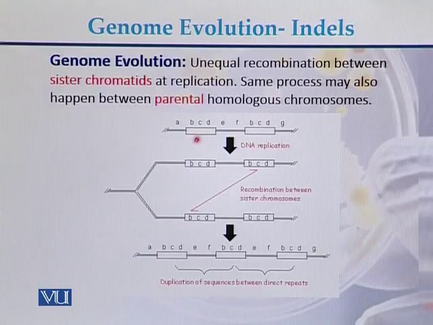This is the original DNA sequence where the boxes are marked A, B, C and D, but as a result of unequal recombination, we can see A, B, C, D, E and F. Then this B, C, D, E and F is replicated from the second strand, inserted from the second strand, and ultimately this is G. So this is the duplication between the sister chromatids, where due to unequal crossover, this fragment of DNA is now present in the original DNA sequence.